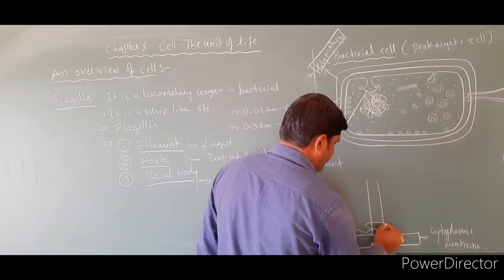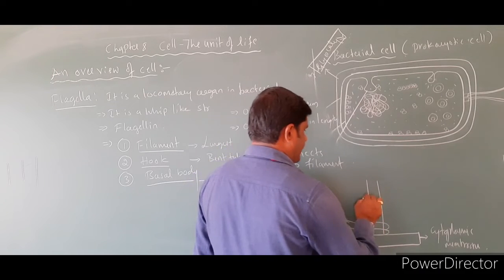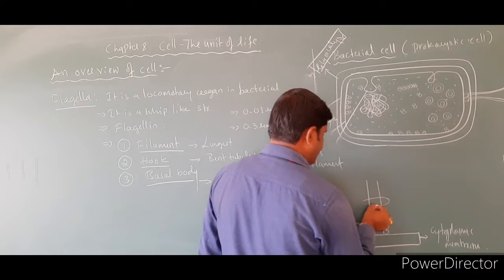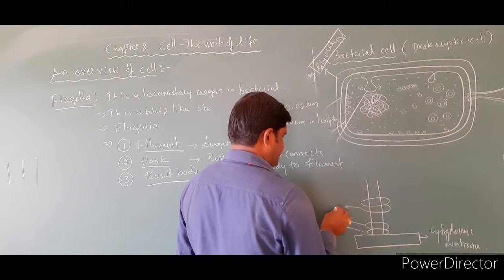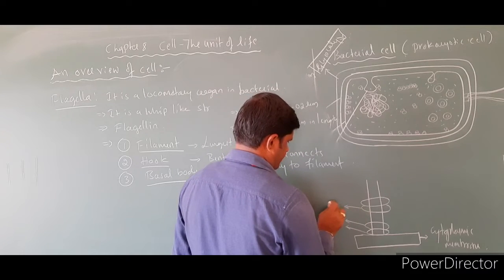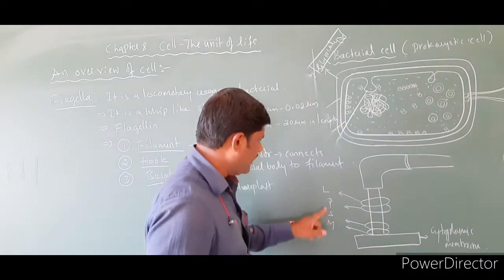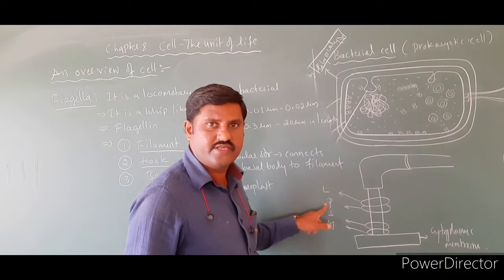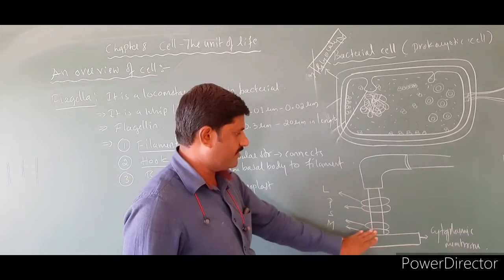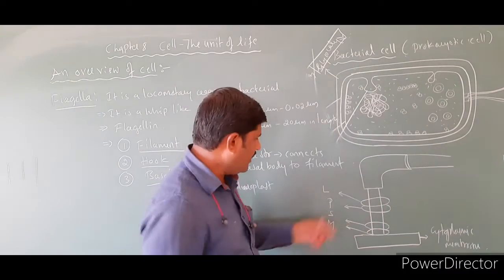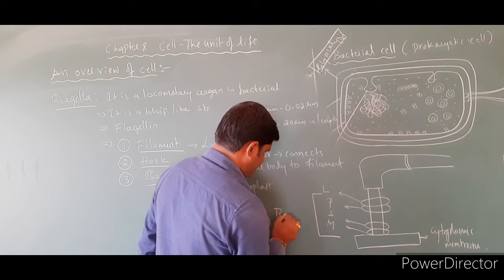Above this, one more ring, the S ring. And above this, two more rings, the P ring and the L ring, two pairs of rings. All these together form the basal body.